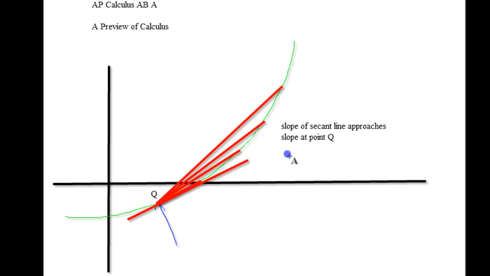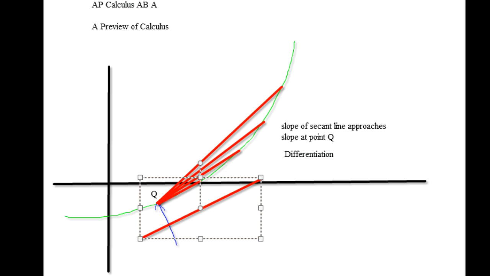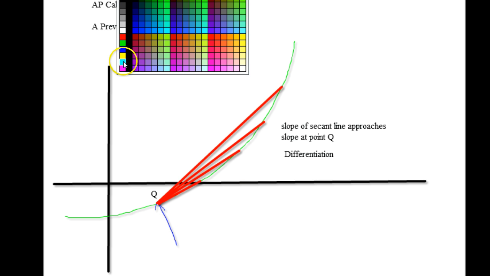And that actually leads into something called differentiation. Okay, and this is where it actually comes into play. It's just working on that and just working with it. Here, let me get rid of this one right here. Let's make that a different color. Let's make that blue.